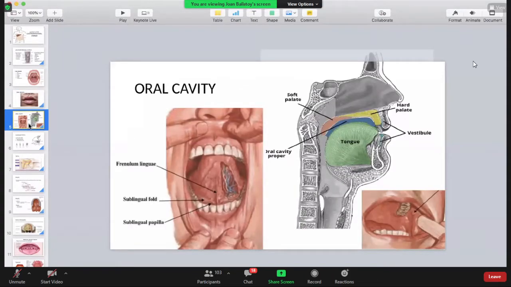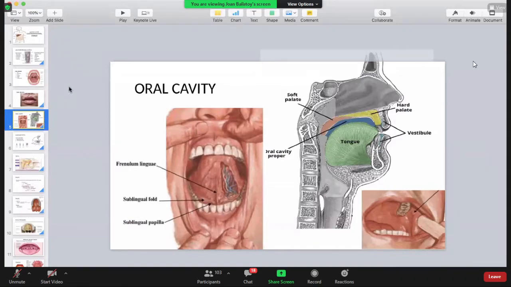Let us go now further to your oral cavity. The oral cavity is where food is ingested and prepared for digestion by the act of mastication and lingual manipulation. It is divided into two: the oral vestibule and the oral cavity proper.